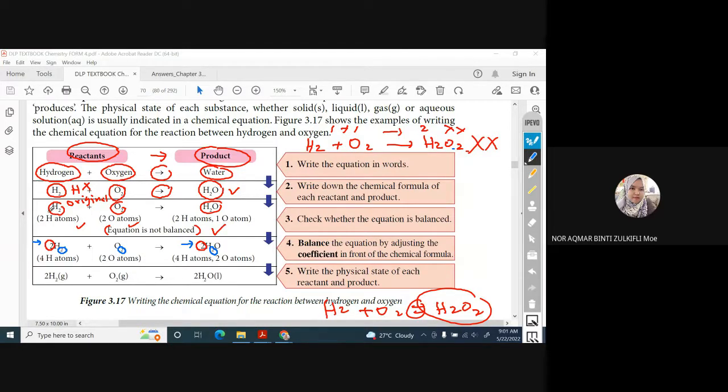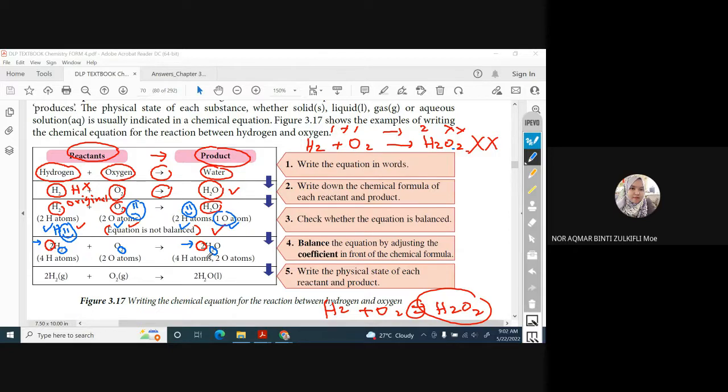Okay, for example, just now we have 2H, 2O, 2H, 1O. So apa yang tak balance dekat sini? Okay, hydrogen okay. Sama from reactant and product. Okay, so happy lah, happy face. But for oxygen, here we have 2 oxygen, but for product, we have only 1 oxygen.